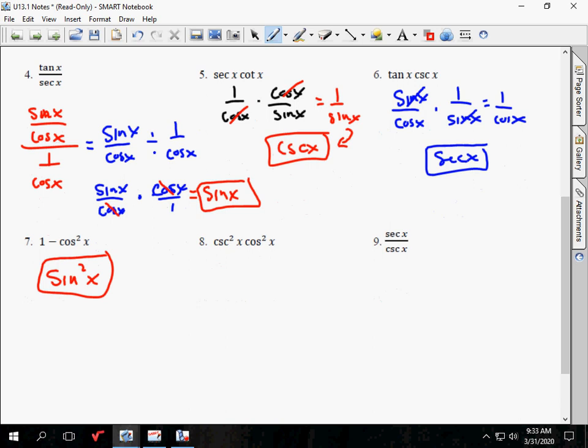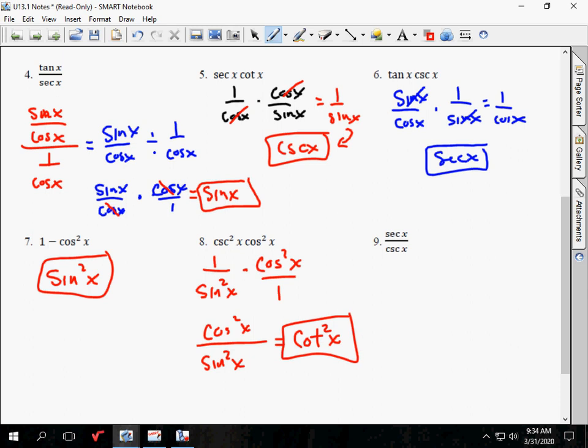Cosecant squared x is the same as 1 over sine squared x. Cosine squared is already cosine squared, so leave it as cosine. We multiply across, we get cosine squared x over sine squared x, and that's going to equal cotangent squared x.